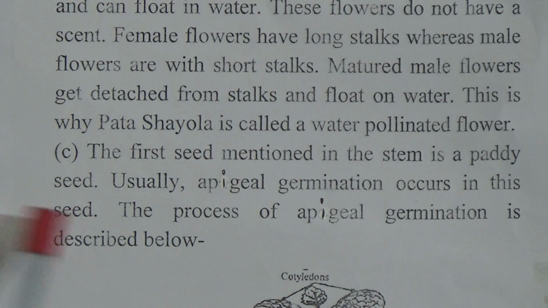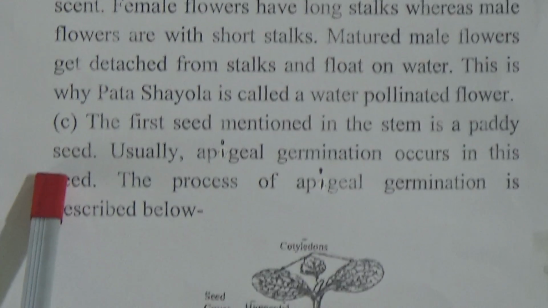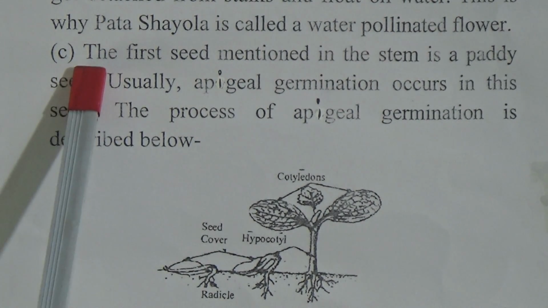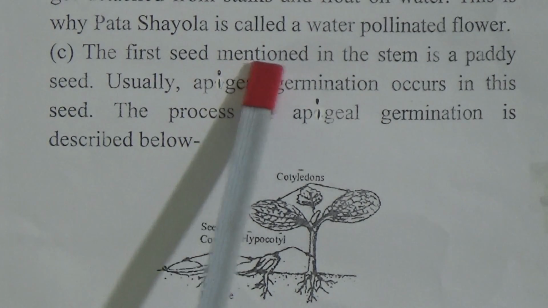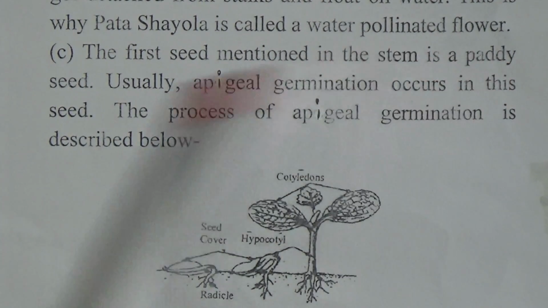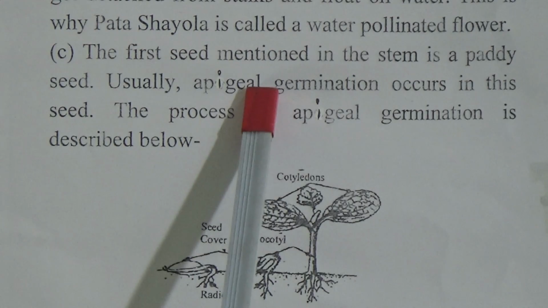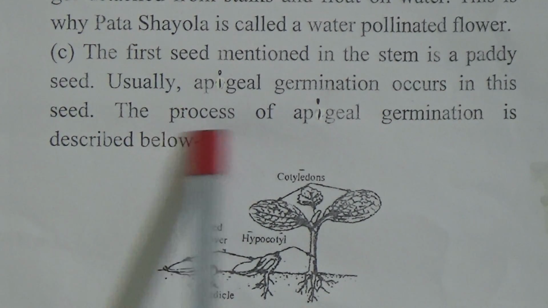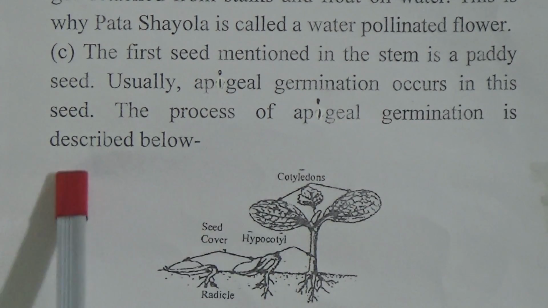Now come to question C. Describe how the germination of figure 1 in the stem occurs, and figure 1 was paddy. Now come to the answer. The first seed mentioned in the stem is a paddy seed. Usually apical germination occurs in this seed. The process of apical germination is described below.